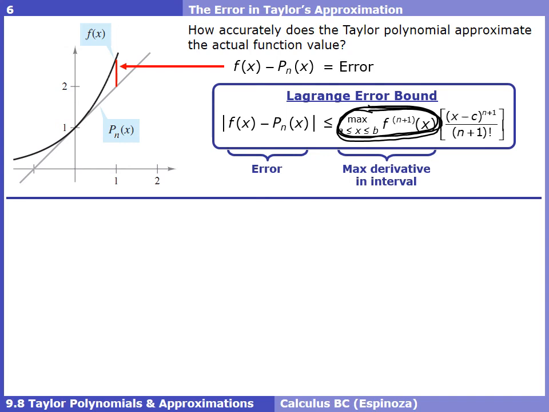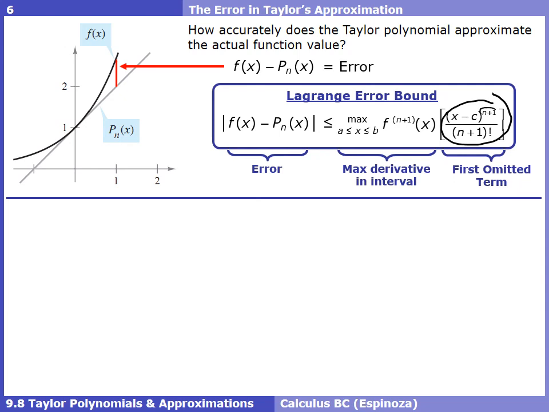The next thing we need to do, luckily it's the easier part, is to multiply by this ratio, this fraction right here. And that fraction is the next term over. Of course, remember, with these Taylor polynomials, if you go to a degree 4, there's really nothing stopping you from going to a degree 5, or a degree 6, or a degree 7. So this piece is just the next term after the term where you left off.